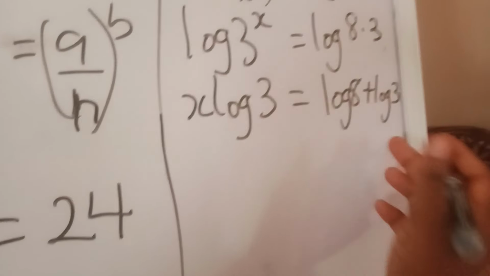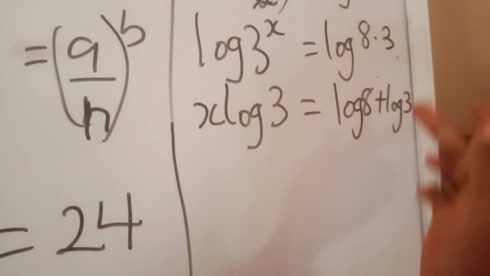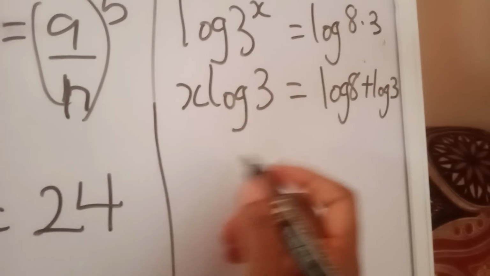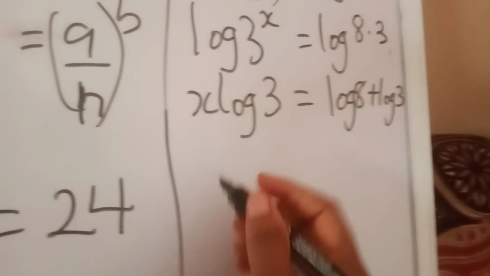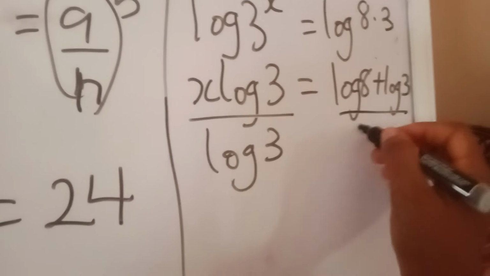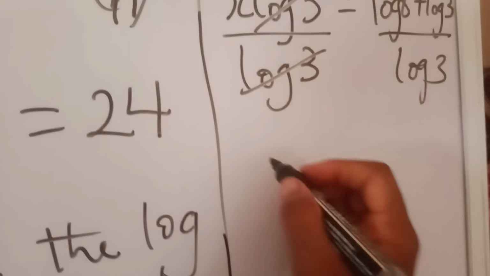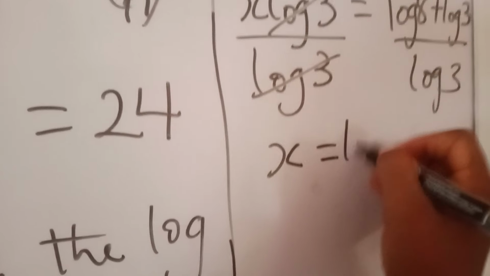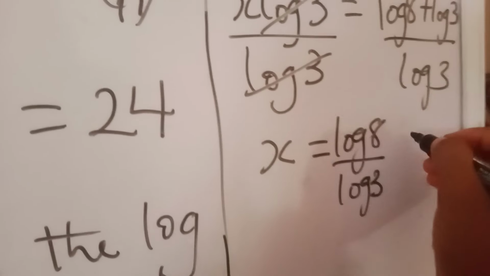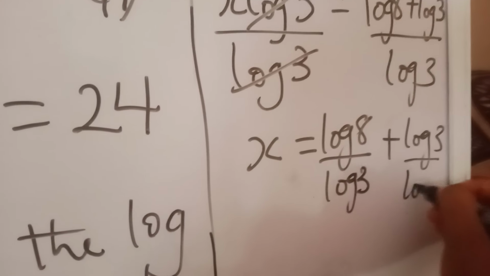Okay, following the law of logarithm, when we have the multiplication sign, we can represent it as plus, alright, splitting them like so. Now we divide through by log 3. This gives us x equals log 8 over log 3 plus log 3 over log 3.